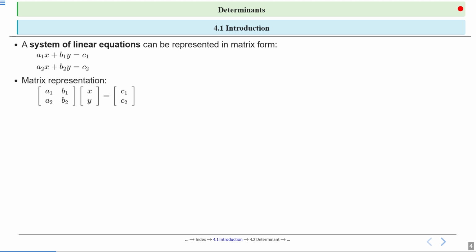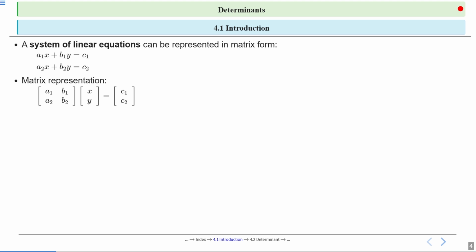It can be written with a1, the coefficient of x, and b1, the coefficient of y in the first equation, then a2, the coefficient of x in the second equation, and b2, the coefficient of y in the second equation. x and y are the variables that we need to find, and c1 and c2 are the constants. So by using a matrix, we can represent a system of linear equations.